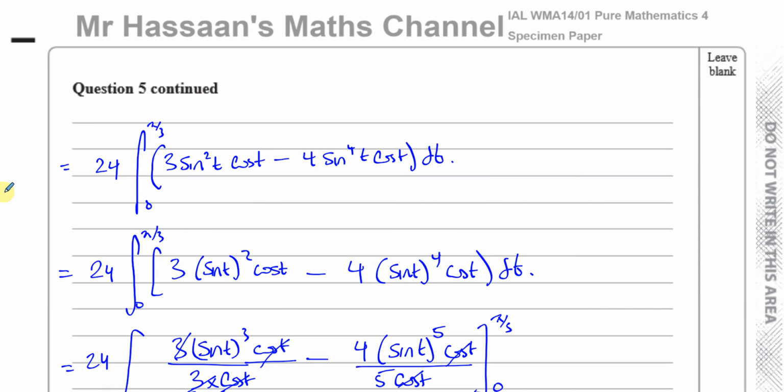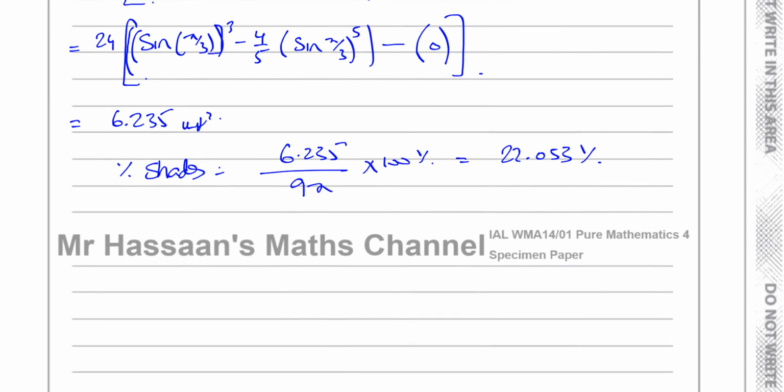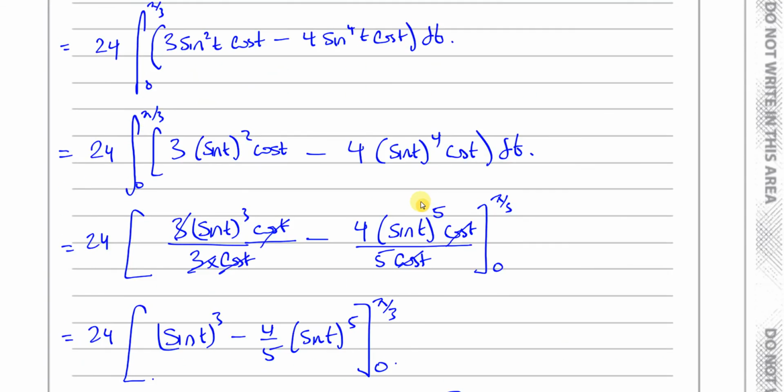Okay, 3 significant figures, so that's going to be 22.1. 22.1% is shaded. Okay, there's the answer for question number 5, I think it is.